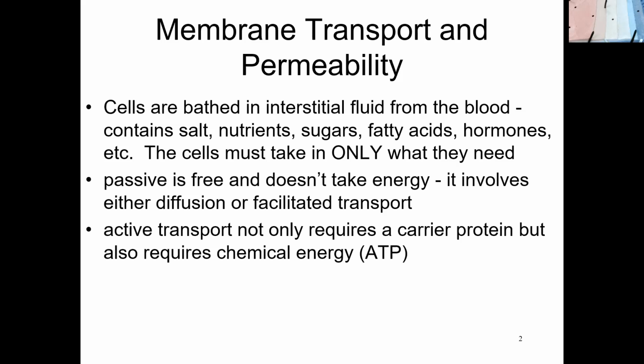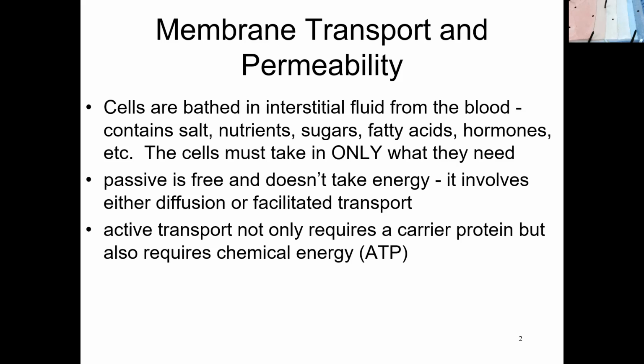Now, a cell will allow things to come into it or go out of it as it's needed. And it's free. It's a free ride. It's totally passive. Movement across the membrane of a cell from the interstitial fluid is totally free, because cells are frugal.